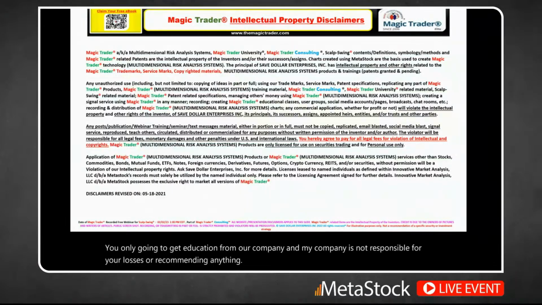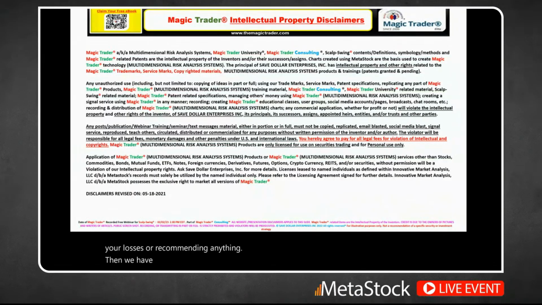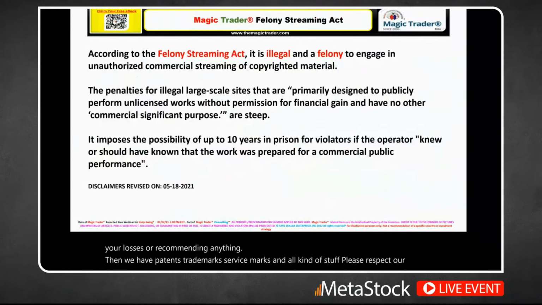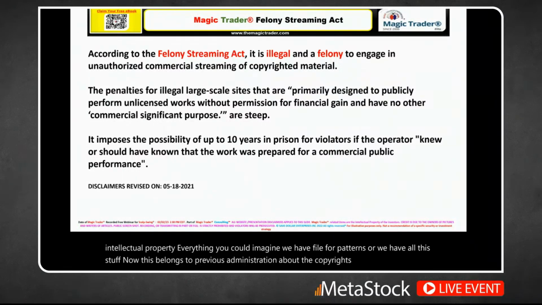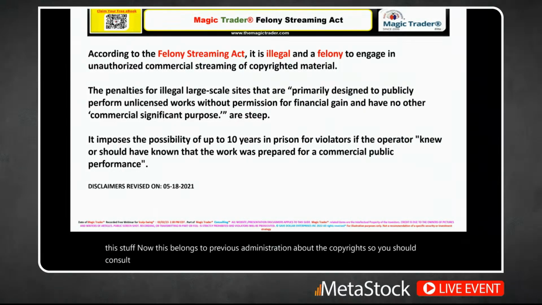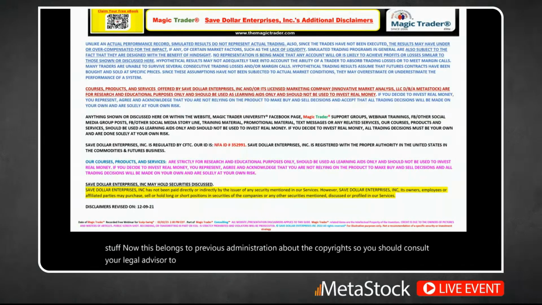Then we have patents, trademarks, service marks, and all kinds of stuff. Please respect our intellectual property. Everything you could imagine, we have filed for patents. Now, this belongs to the previous administration about the copyrights. So you should consult your legal advisor to do interpretations.